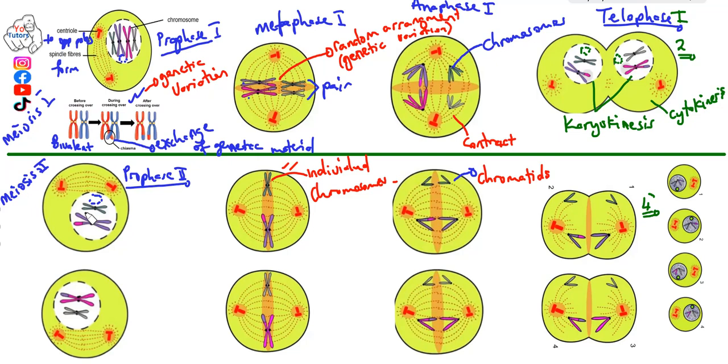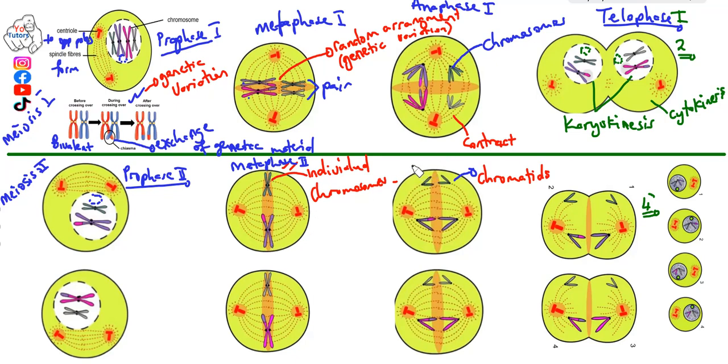Now when you go to metaphase 2, we see individual chromosomes lie on the equator, attached by the spindle fibers on the centromere. I'm going to repeat again, individual chromosomes lie on the equator.